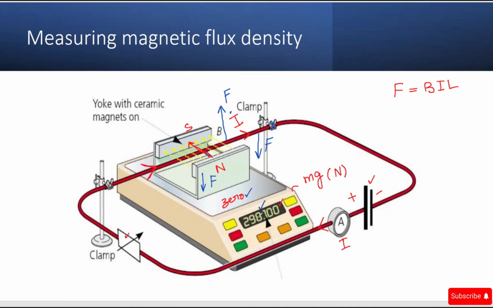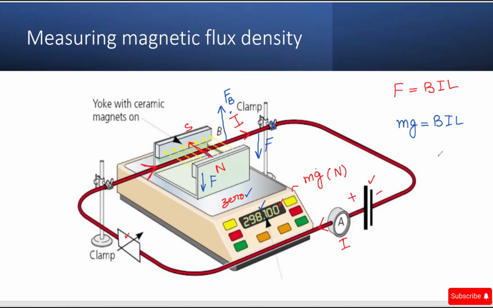Whatever value we get here, we times it with the strength of gravity, and that gives us the force experienced by the bar magnet, which is the force applied by this bar magnet on this wire. This force will be equal to mg, the value that we have here times g, and this will be equal to BIL.